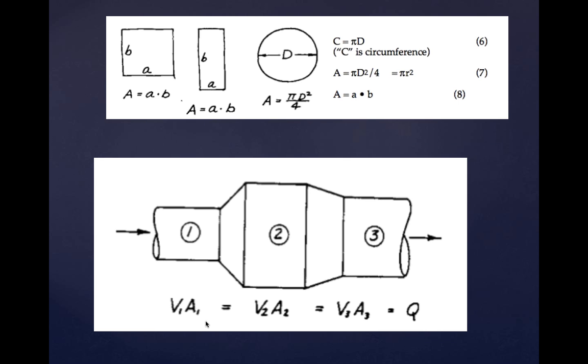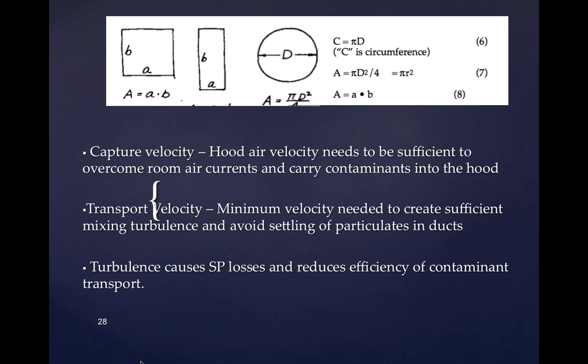It's going to come out, right? So if the duct gets wider, larger area, then the velocity has to go down. In each one of these segments, the velocity times the area in one segment is equal to the velocity times the area in the next segment, and so on and so forth, because the volume of air going through this has always got to be the same.